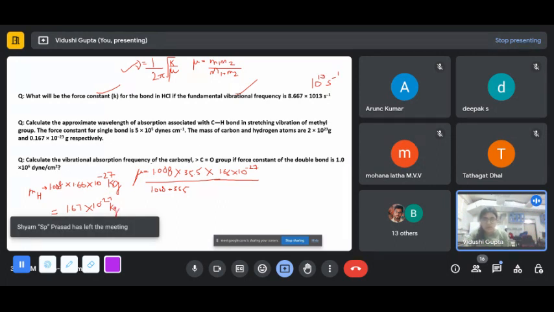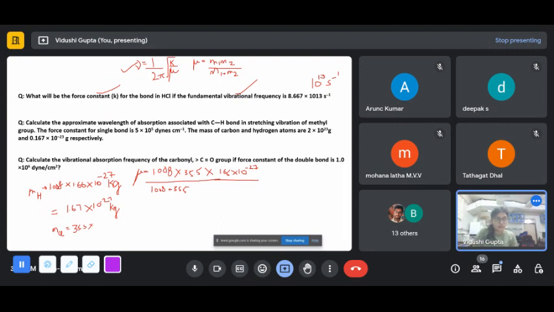Similarly, we have to calculate the mass of chlorine. It will be 35.5 into 1.66 into 10 minus 27.